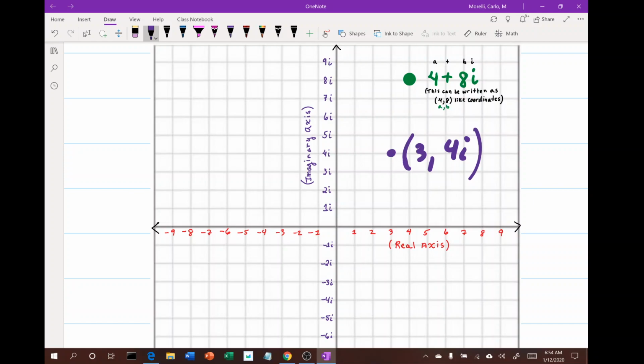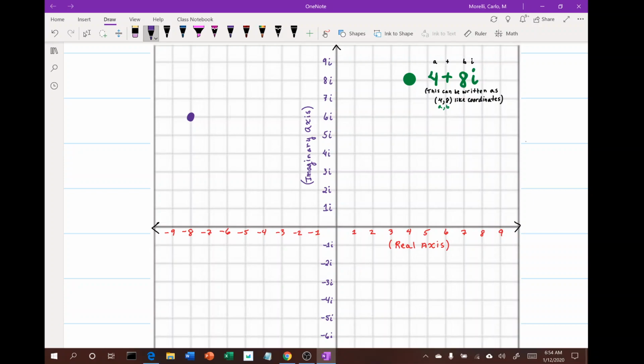So if I wanted to express this coordinate in imaginary notation, I would just say 3 plus 4i. Let's try another one. How about right here? It would just be 5 plus 1i, or 5 plus i. Now you try this one over here.